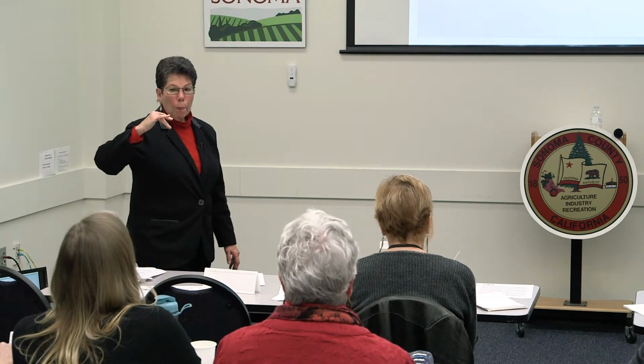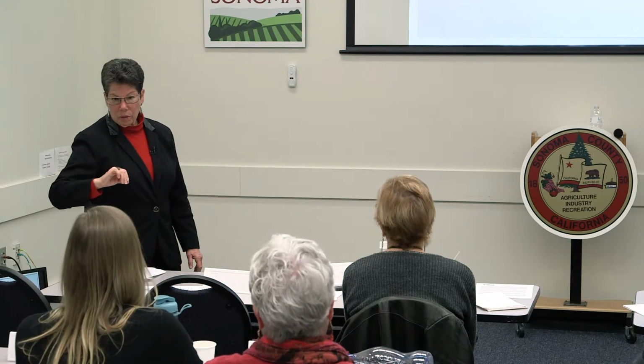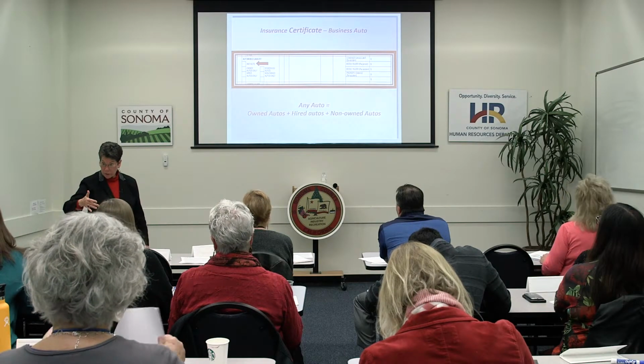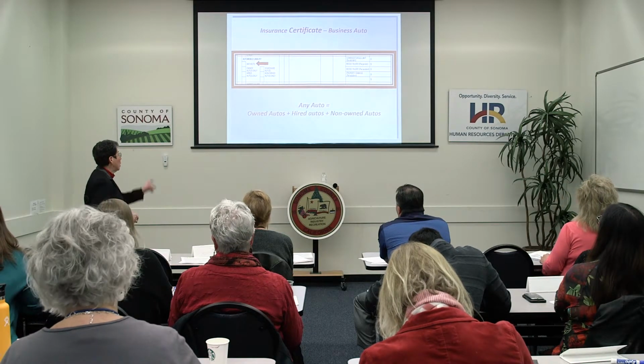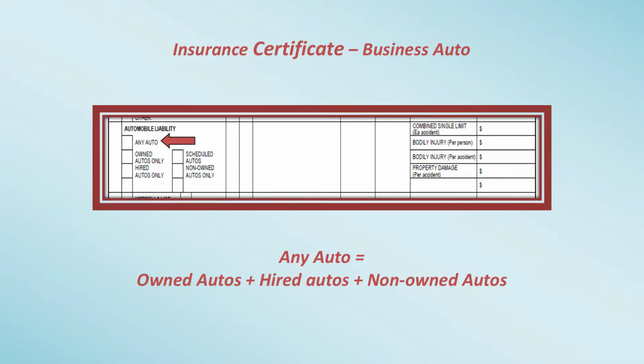How do you vet evidence of automobile insurance? Well, for business auto, for commercial entities, you'll probably get an insurance certificate. And you can see that off to the right, you've got the limits. And on the left, they say which kinds of autos are covered.